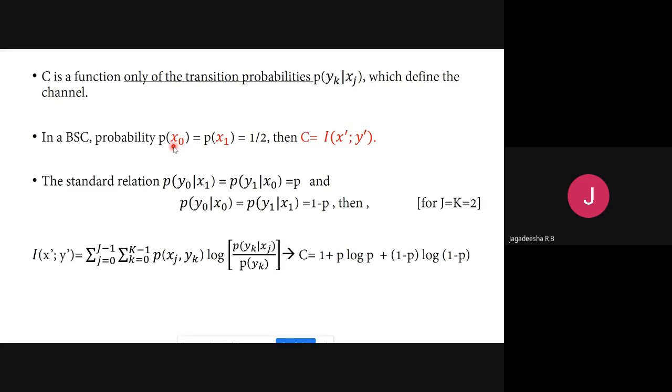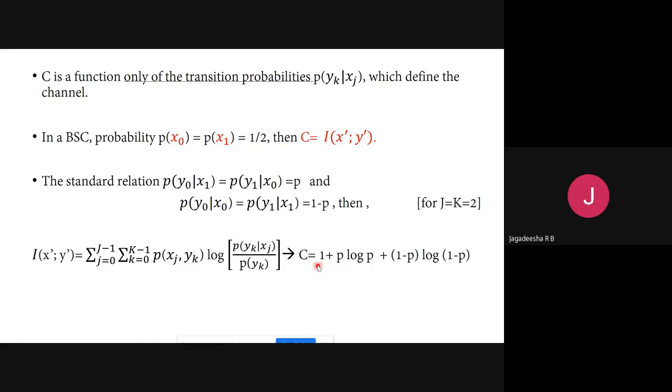Minus p log p, right? That is minus p log p plus the second term, 1 minus p log 1 minus p, right? I'm just connecting the probability and entropy. Okay, so using that, we can come to this equation: C is equal to 1 plus p log p plus the other term, 1 minus p log 1 minus p.